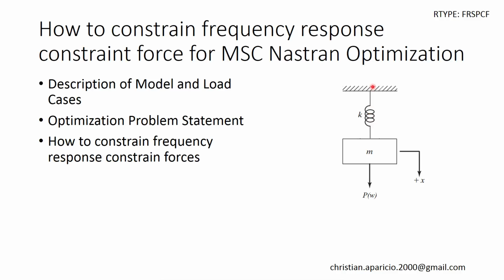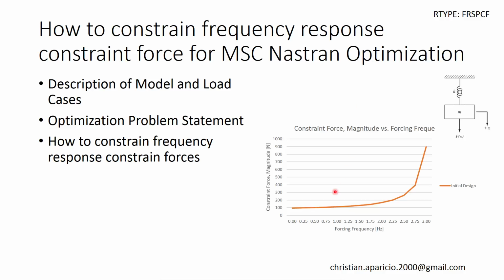During the oscillation, we will have reaction forces induced at the constraint, but I want to make sure that the constraint force doesn't go beyond a certain level. Here in orange is my initial design, or rather the frequency results for the constraint force.